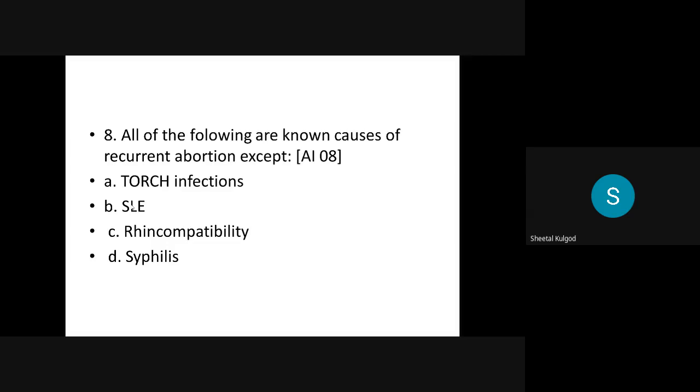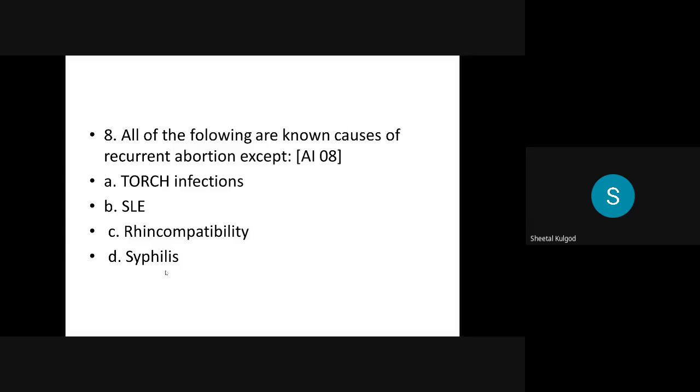You all should remember it is associated with antiphospholipid antibodies, and therefore SLE is a cause of recurrent abortions. RH incompatibility, if it has not been detected and in subsequent pregnancies there has been sensitization, then it can lead to recurrent abortions. So SLE and RH incompatibility can lead to recurrent abortions, whereas torch infections and syphilis cannot.